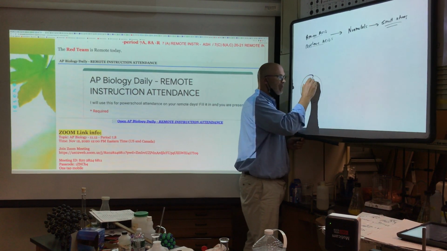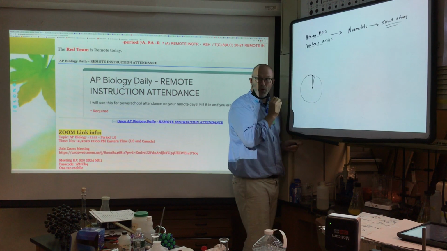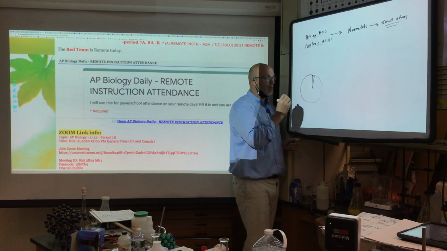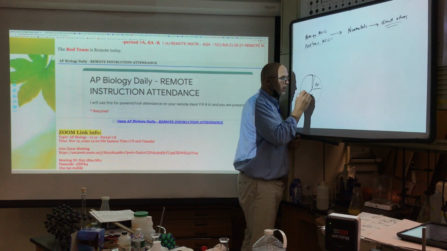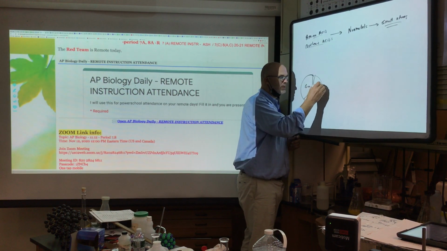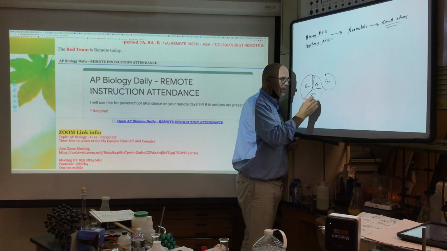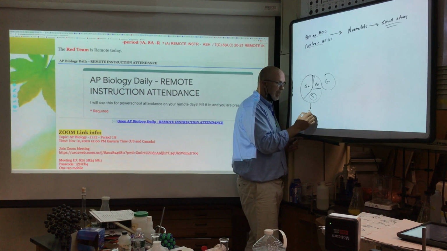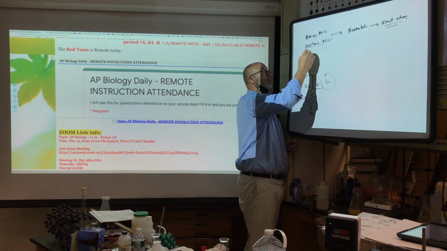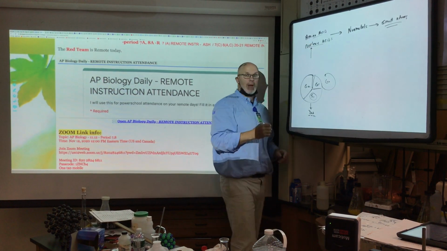Remember, we have mitosis or meiosis, a small part of the overall life cycle. We have G1, S, and G2. Sometimes a cell stays in G0 and never gets to the synthesis phase. S is where DNA, deoxyribonucleic acid, which is one of the things that he found, is duplicated.